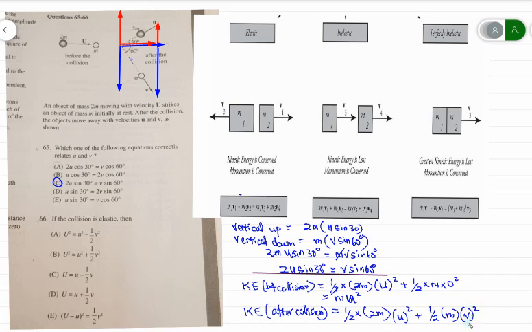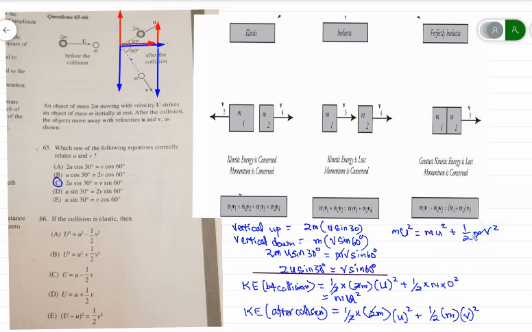Now let's simplify this. If the kinetic energy is conserved, the kinetic energy before the collision, m big U squared, must equal m u squared plus half m v squared.